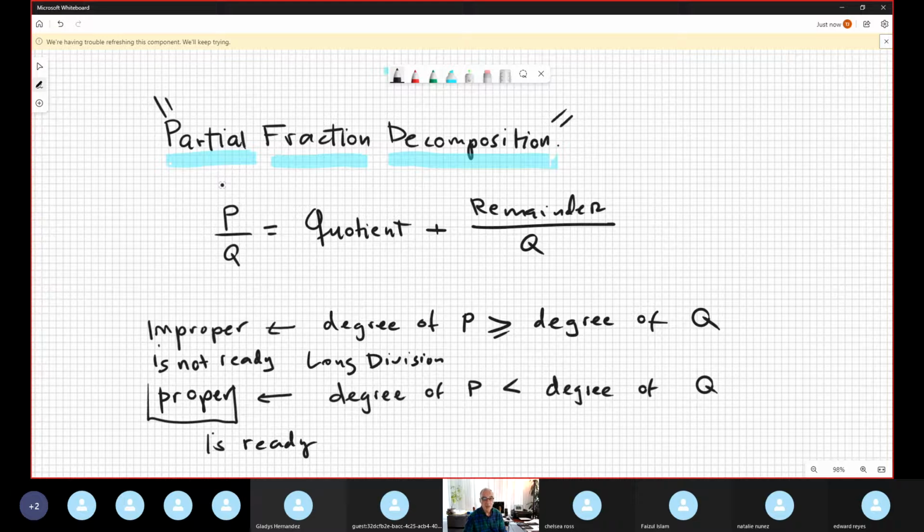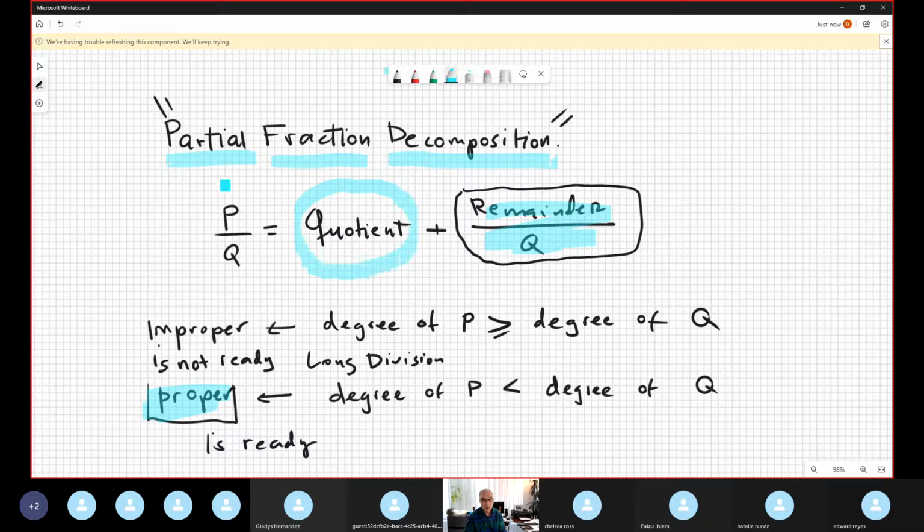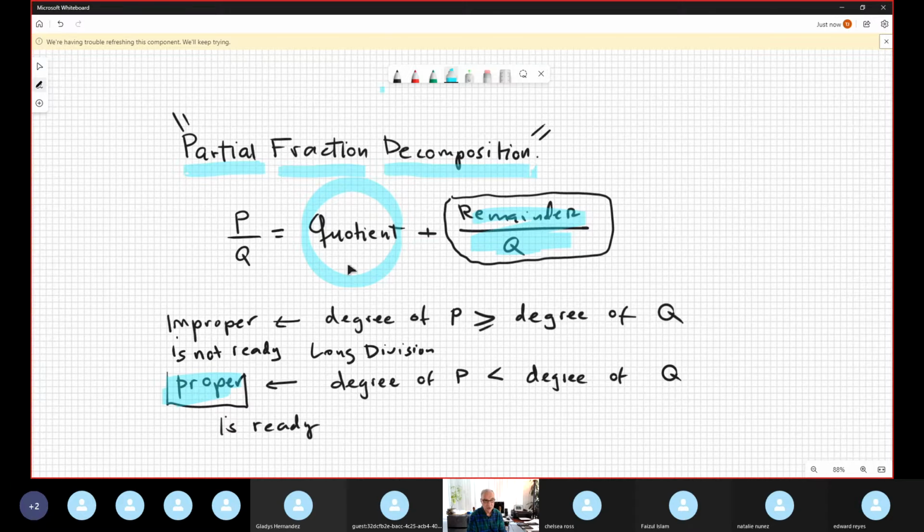Now that part, for sure, 100% is proper, obviously it's proper, ready to apply partial fraction decomposition. You take this like an additional quotient. Maybe you don't see it more clearly now, but when you see the procedure, you will understand very well.